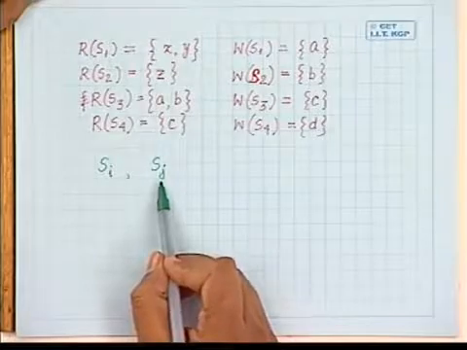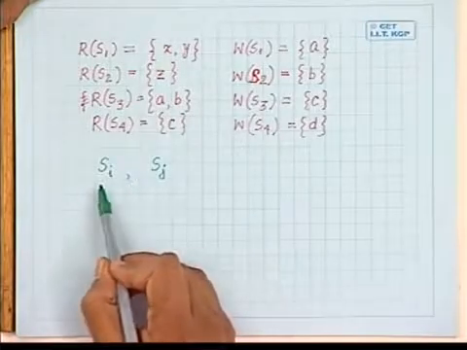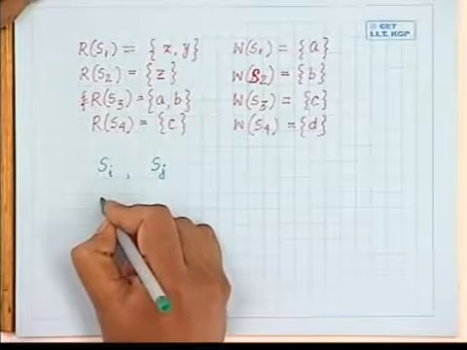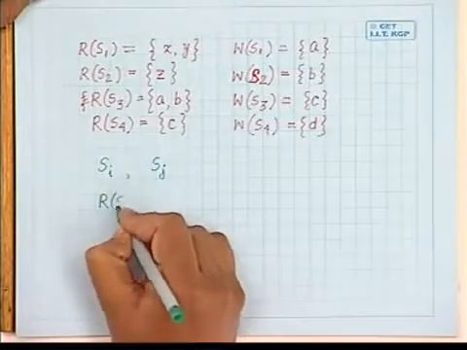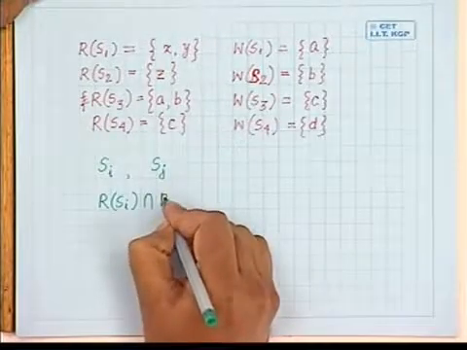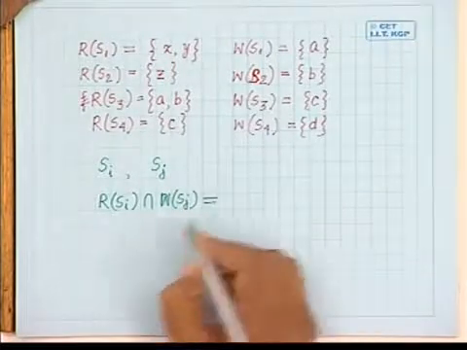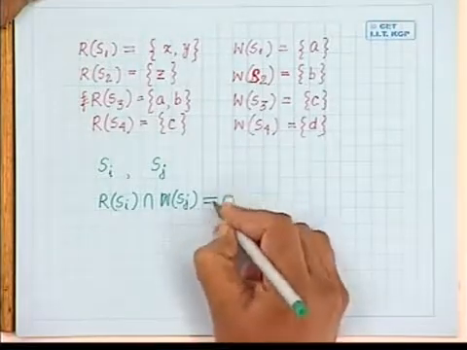Okay. So if the write set of Sj does not intersect with the write set of Si or the read set of Si. Similarly, if the write set of Si does not intersect with the read set or write set of Sj, then Si and Sj can be executed concurrently. So the condition of concurrency will be that the read set of Si intersection with the write set of Sj should be null.